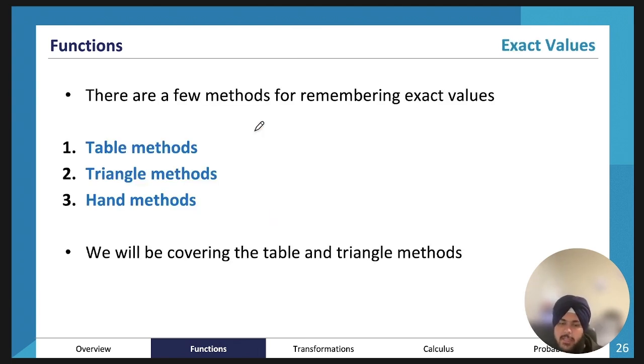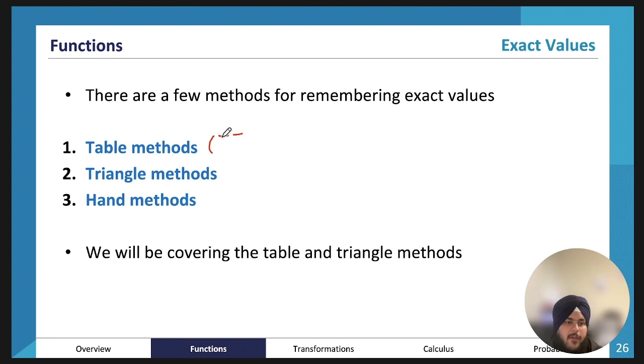So now we're going to be having a look at exact values quickly. There are actually 3 ways in which we can memorize the exact values. The first is the table method, which I personally prefer.